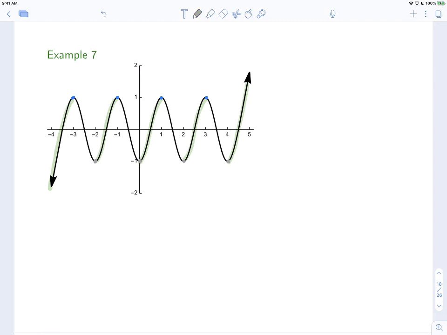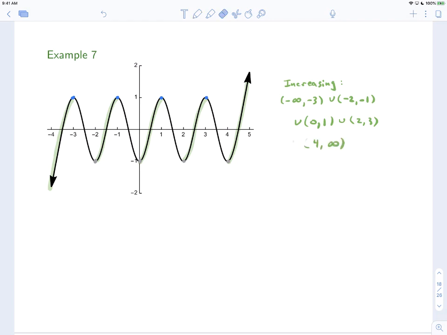So let's just write all that down. Let's change the color to green. So we'll say increasing. So it's -infinity to -3, union -2 to -1, and I'm running out of room already, union 0 to 1, union 2 to 3, union 4 to infinity.